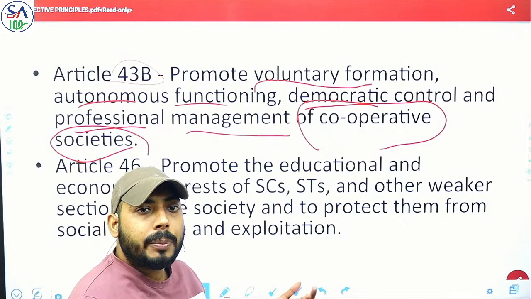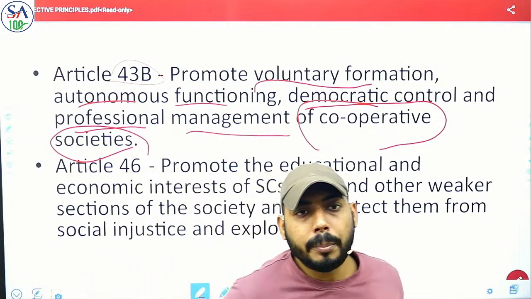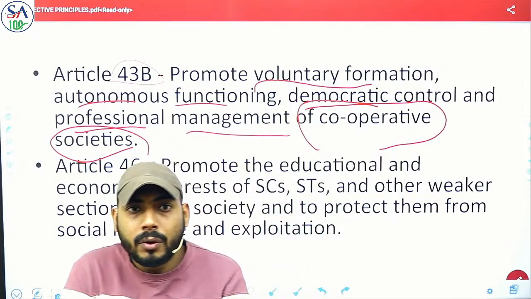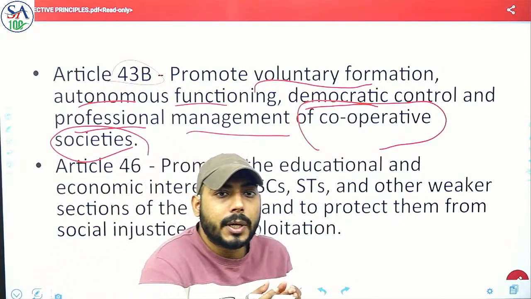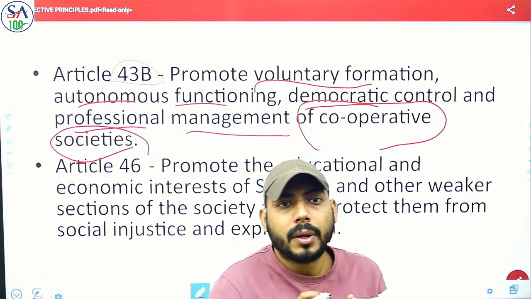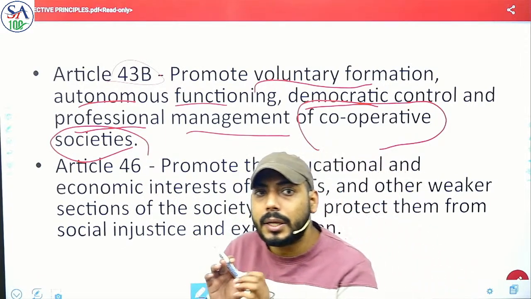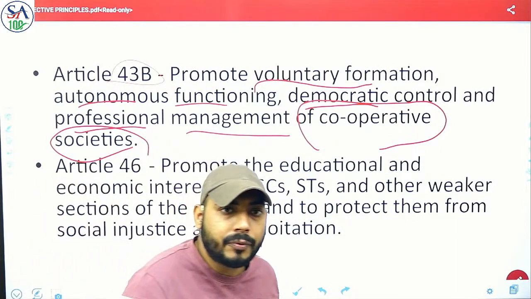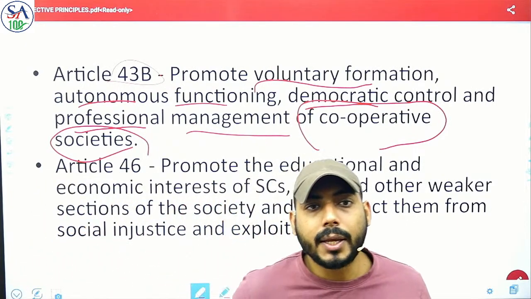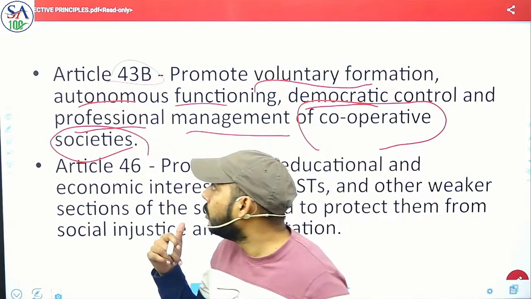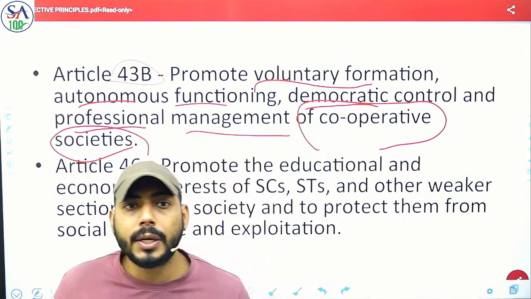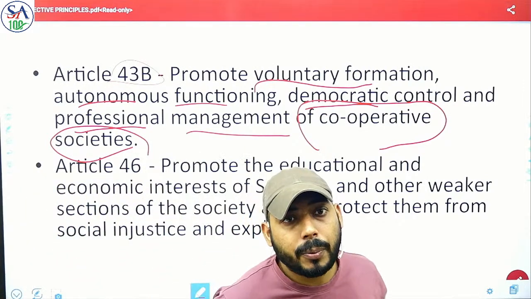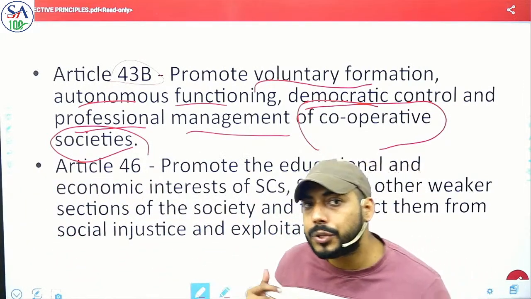Initially, a few people who were milk producers came together and formed an organization with the objective to sell and act as a union, so that it would be better for them to fetch good prices and work in an organized manner. So Article 43B of the Indian Constitution promotes the development or propagation of cooperative societies in India.